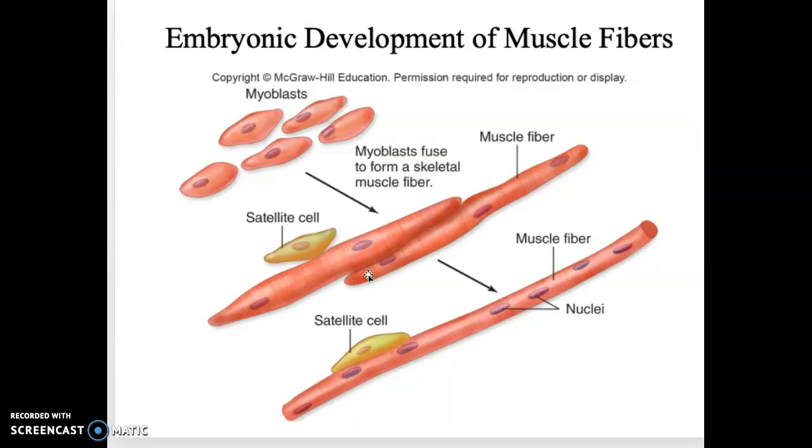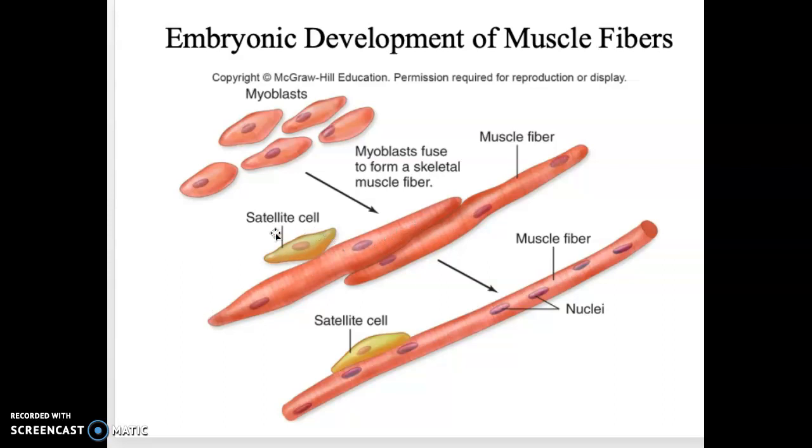The way that muscles develop in embryonic development is they start initially as myoblasts. Myo means muscle, blast means build. These cells are building muscles. What happens is they fuse together, and then we end up with multiple different nuclei within one single muscle cell.